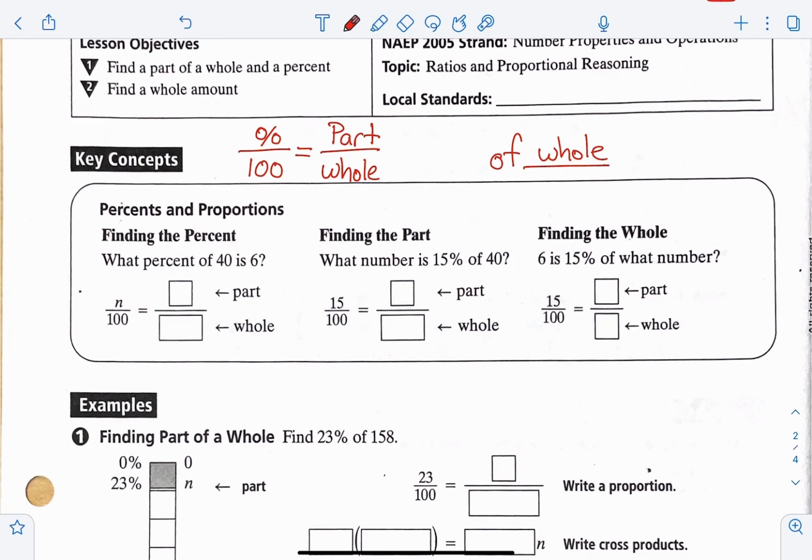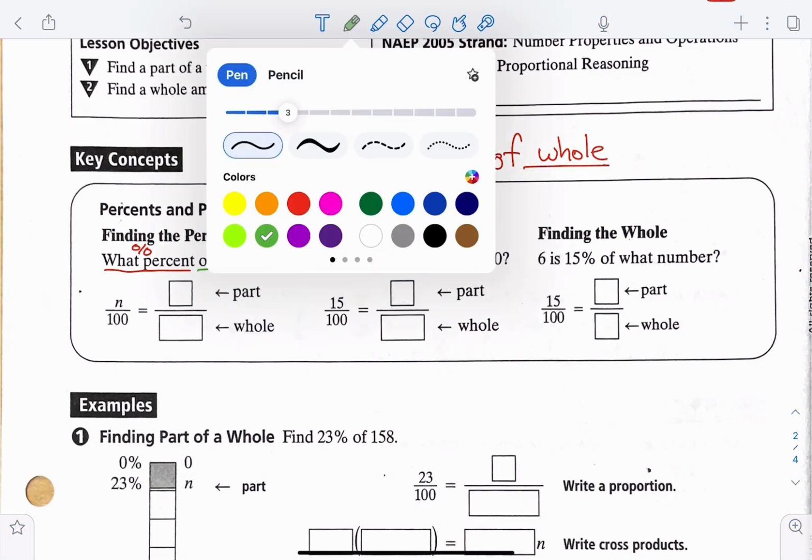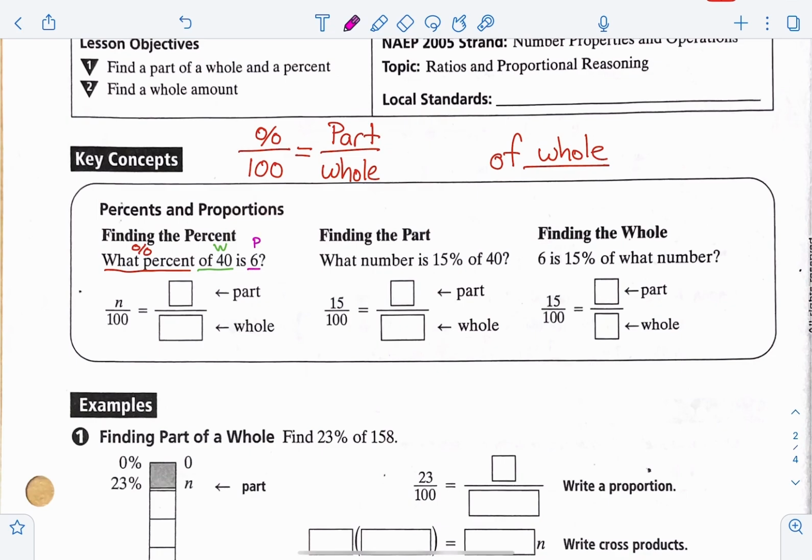So let's talk about what this means. It says, what percent of 40 is 6? So it says what percent, meaning we don't know the percent. It says of 40, so that means that 40 is going to be our whole. And then it says is 6, so 6 is going to be our part. So setting these up in that fashion, you're going to have percent over 100.